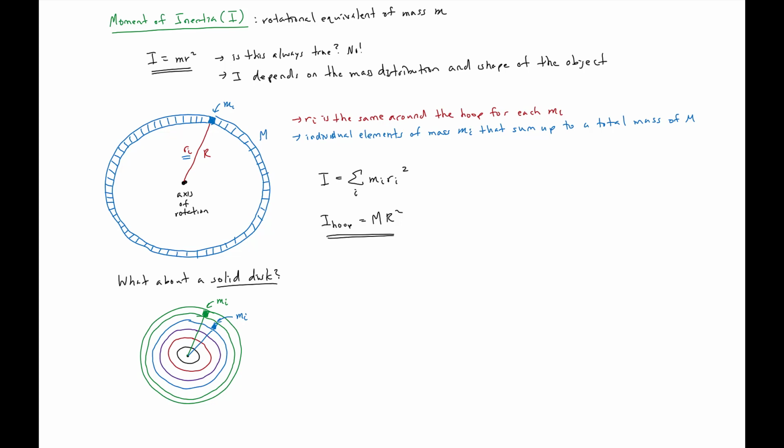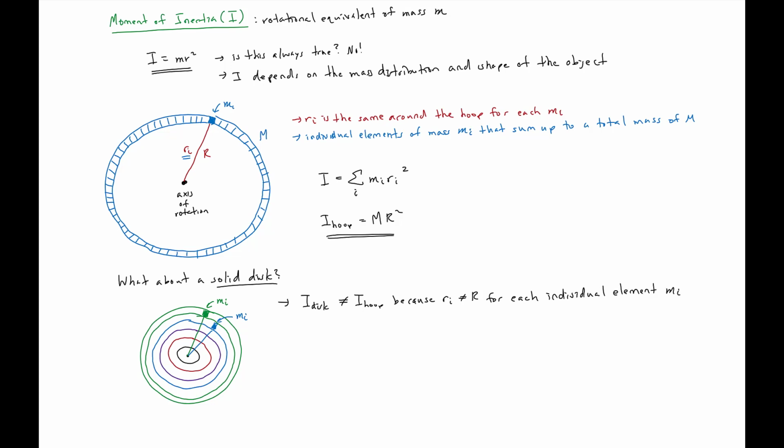If we have the same total mass m and form a uniform disk of the same radius r, the moment of inertia will be different because we have I of disk does not equal I of hoop, because Ri is not equal to capital R for each individual element Mi.